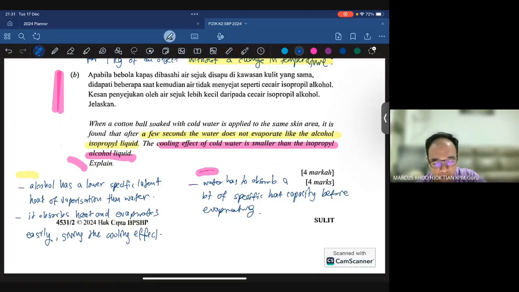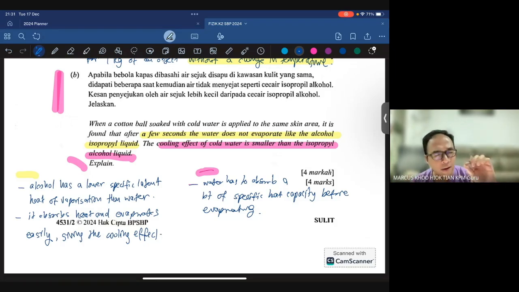Actually, yeah, Timothy, the reason why I say specific heat capacity is because before it can evaporate, it has to reach a certain temperature, then it can evaporate. For alcohol, because the boiling point is so low, it evaporates almost immediately with just a little bit of heat, just taking the specific latent heat. The reason why I'm putting it as specific heat capacity is to distinguish what is happening between alcohol and water.